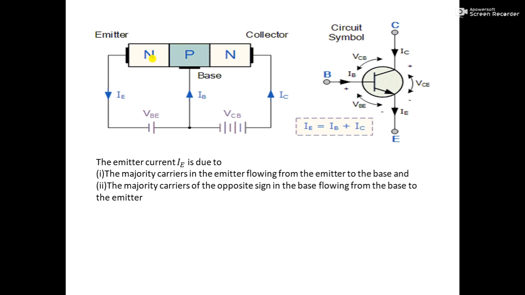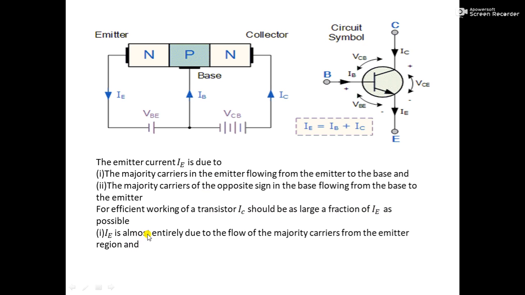But the collector current IC is due to the majority carriers from the emitter which diffuse across the base and enter the collector region. So for efficient working of the transistor, IC should be as large a fraction of IE as possible, and IE is almost entirely due to the flow of the majority carriers from the emitter region. That is, IC is almost equal to IE, carriers that are diffused from the emitter to the collector region through the base.